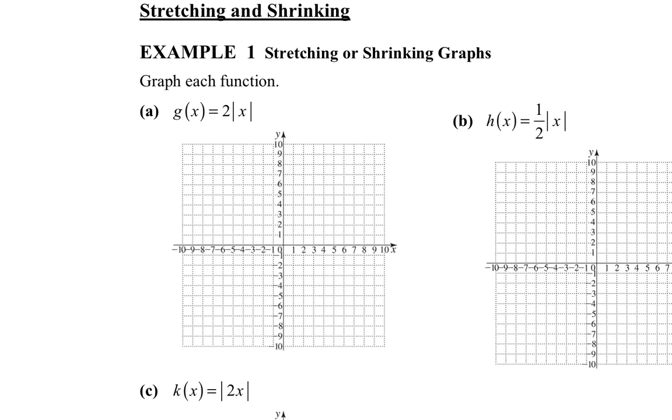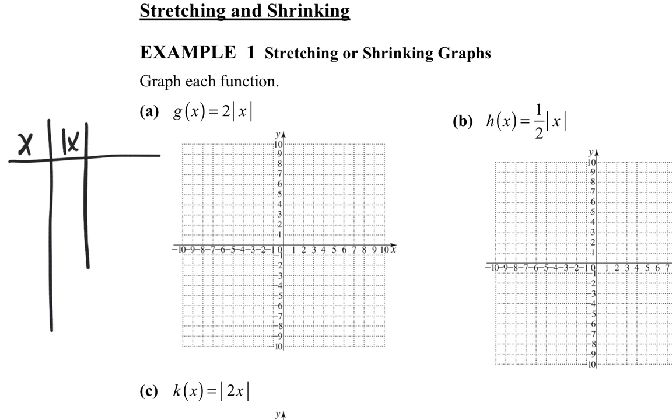So we have g of x equals 2 times the absolute value of x. What I want you to do is make a table, and we're going to look at the absolute value of x, and then 2 times the absolute value of x.